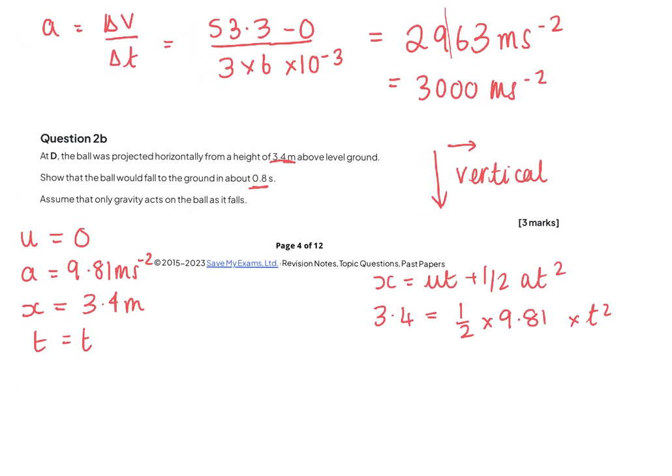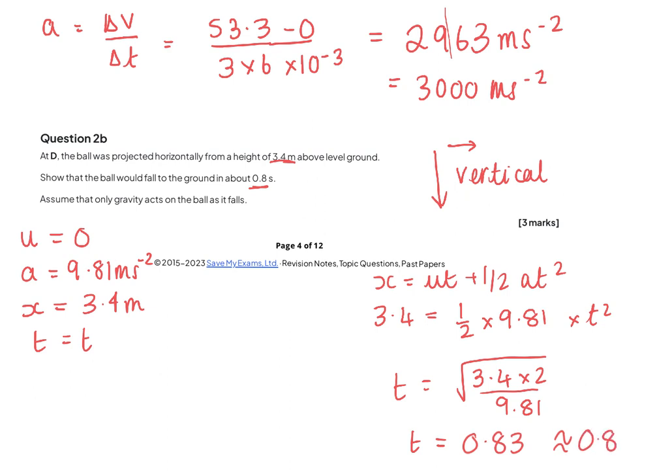We're going to rearrange this. So to find out t, we're going to do the square root of 3.4 times 2 divided by 9.81. And we end up with t equals 0.83, which is roughly 0.8, which is what the question wanted us to prove.